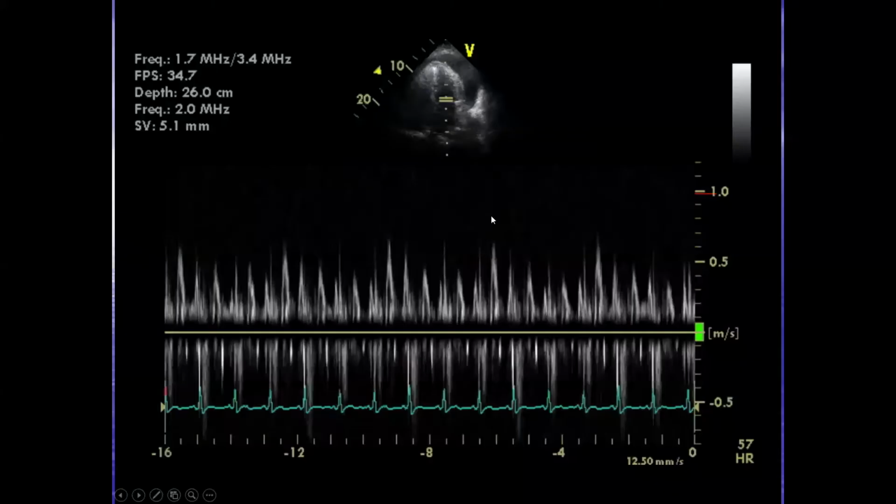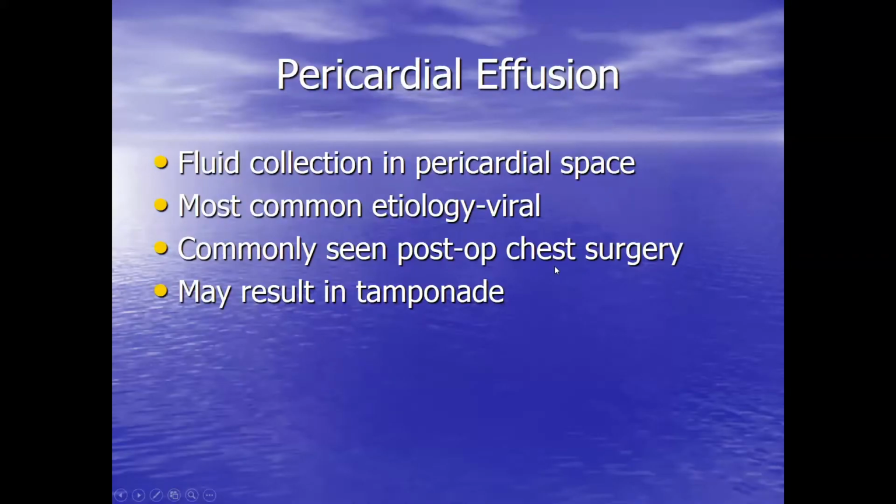Things that we also look for are flow variation of the mitral and tricuspid inflow, and this is respiratory variation of the inflow. The percentage of variation thought to be significant for tamponade physiology is about a third variation.